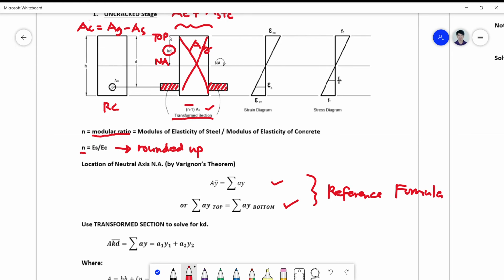Always the reference is on the top or simply the compression fiber. If the steel is at the bottom, then the compression fiber is at the top. Always take note that steel is at the tension side while the other side must be in compression.